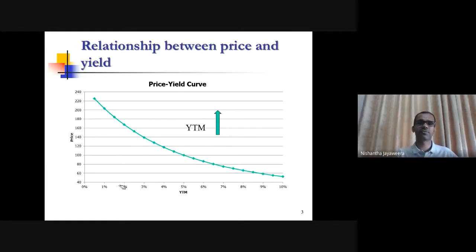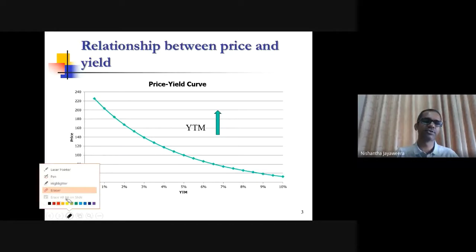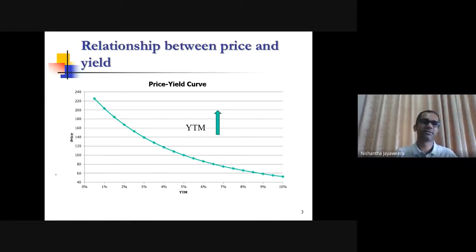What is the slope at 2.5? That's the duration at this point. It gives you the sensitivity. Then you know, if the yield changes by this amount, what would be the new price.